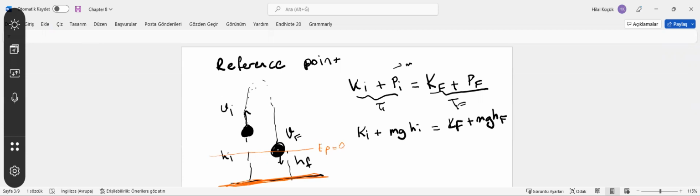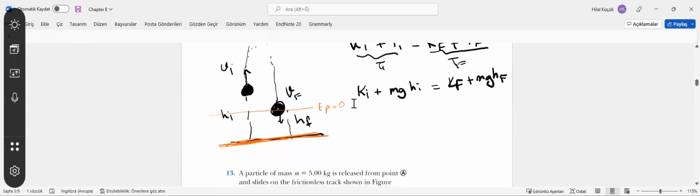So if I use this technique, my new total energy will be, I will write here, K, again kinetic energy, plus some potential energy, I don't know how can I write, mg.